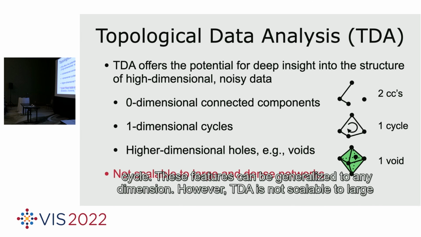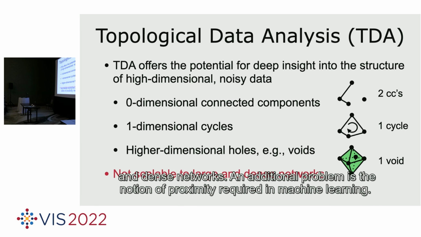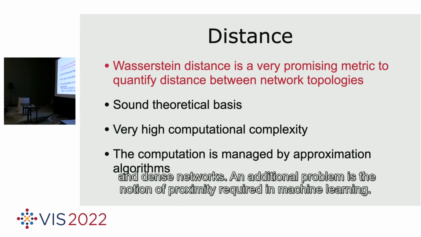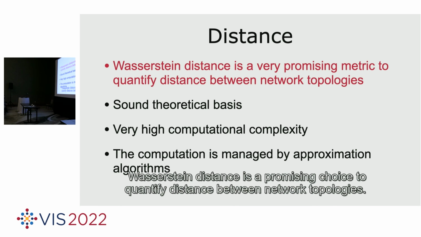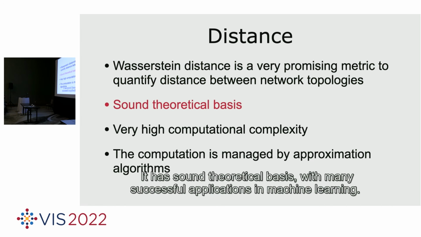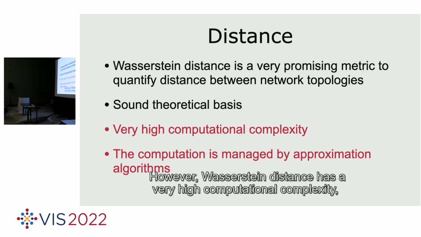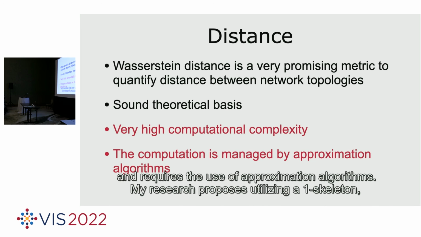However, TDA is not scalable to large and dense networks. An additional problem is the notion of proximity required in machine learning. The Wasserstein distance is a promising choice to quantify distance between network topologies. It has a sound theoretical basis with many successful applications in machine learning. However, the Wasserstein distance has a very high computational complexity and requires the use of approximation algorithms.